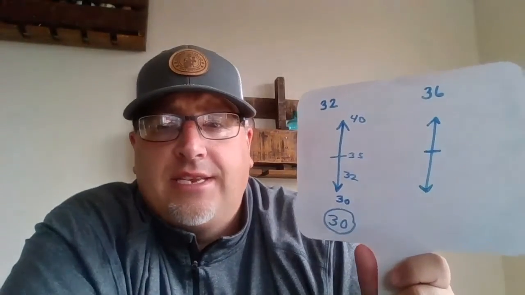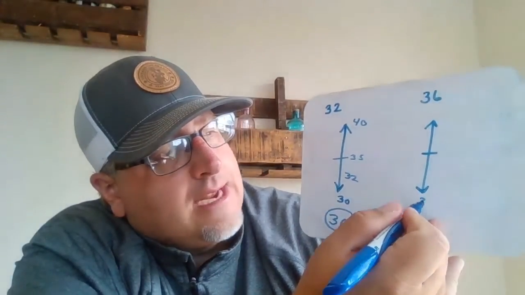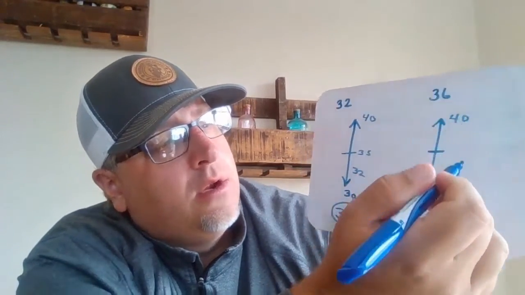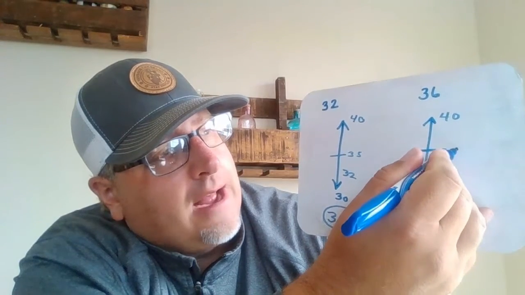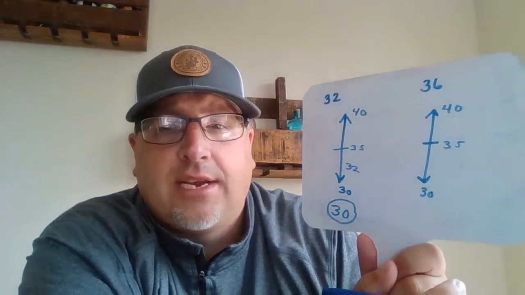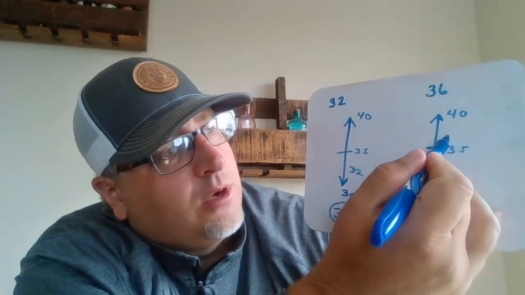Let's take a look at 36. So 36 is telling us, are we going to round down to 30 or up to 40? We know our halfway point is 35. So all we need to do now is plot that 36. Where's that 36 going to go? Well, here's 35 right here, so it's just going to go a little bit more here.